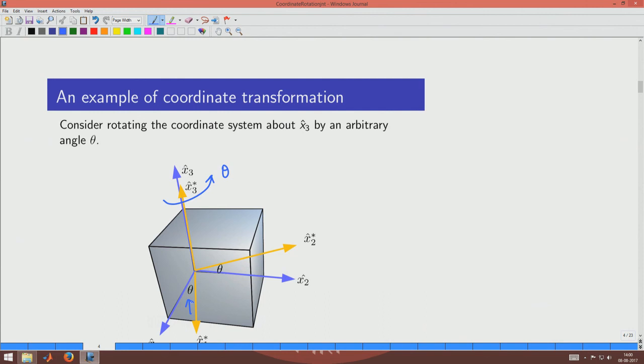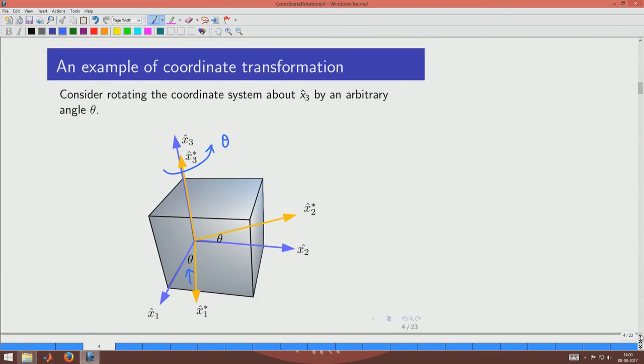Which means that the new and the old x3 unit vector are coinciding, but the x1 and x2 are now rotated by a certain angle theta that is given here. So, what we will do is derive how we can represent the unit vectors with respect to the older ones and vice versa.